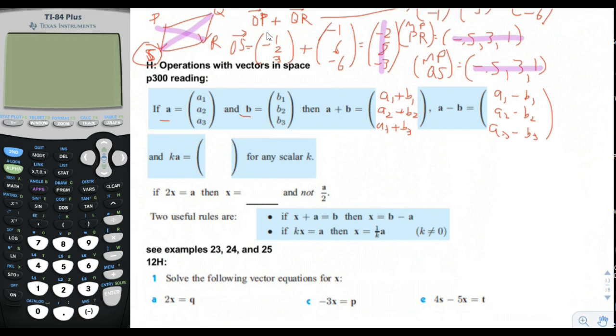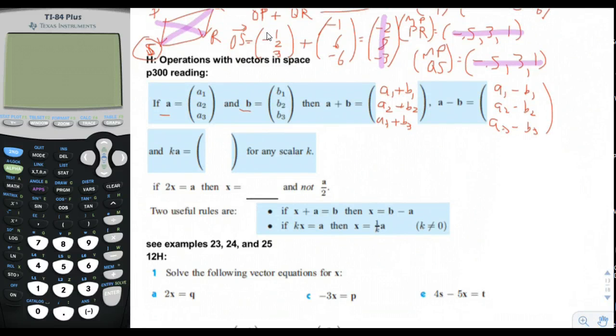This is just review, except now we've added the third dimension, because we did this with 2 dimensions, we didn't do it with 3. So if we have the scalar k times the vector a, it would be ka1, ka2, ka3. The only difference is now we're working with 3 dimensions.